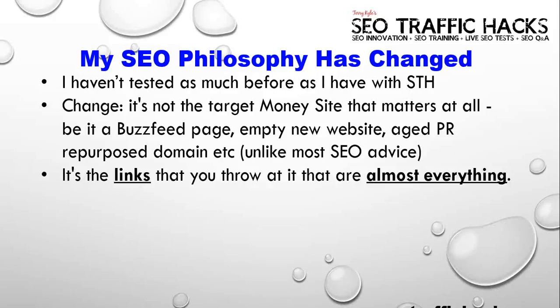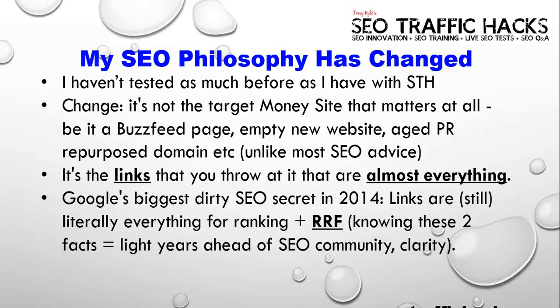So what I'm proposing here is that actually it's the links that you throw at a site that are almost everything now in SEO. And in a way, this is probably Google's biggest dirty SEO secret still in 2014, that links are still pretty much literally everything for ranking.